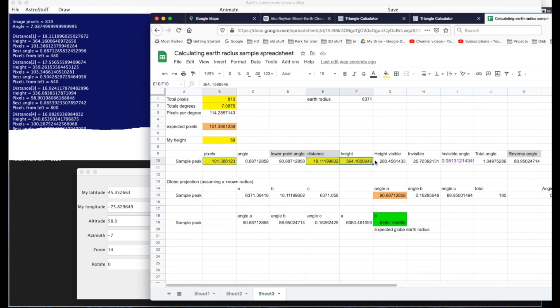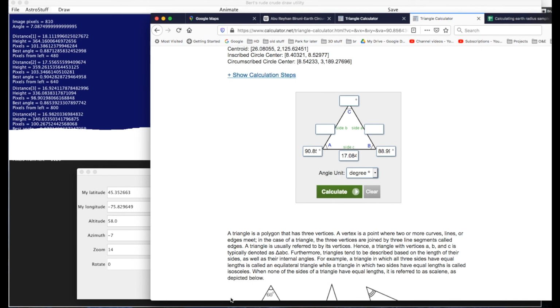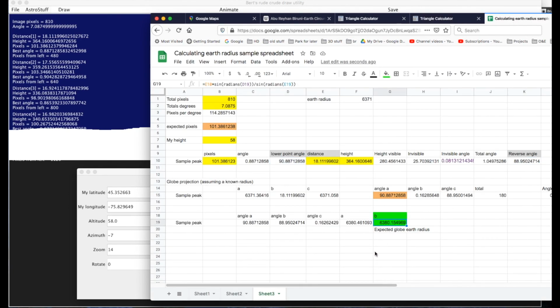These measured readings would produce these three calculated values, and if I fed them into a triangle calculator like this, I would expect the Earth's radius to be 6,380.154 kilometers.